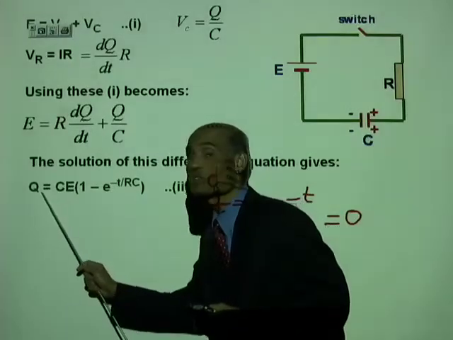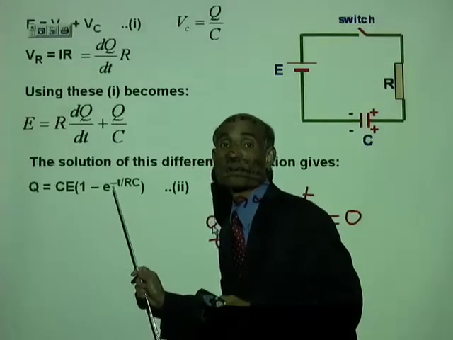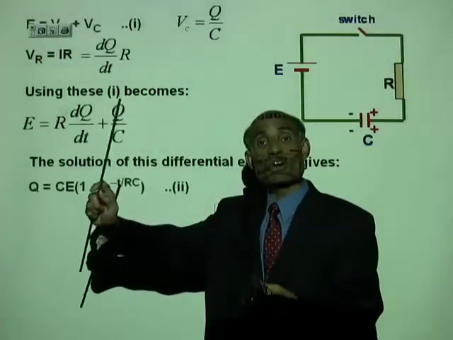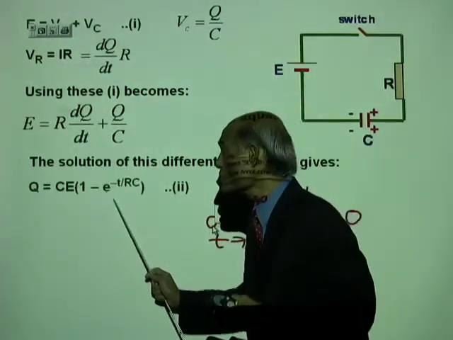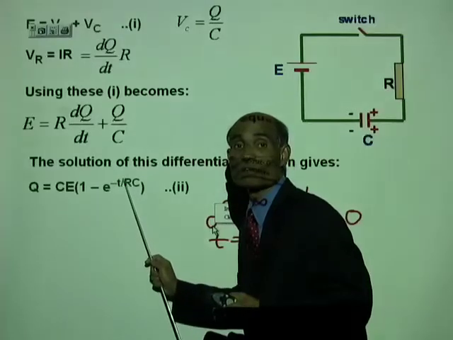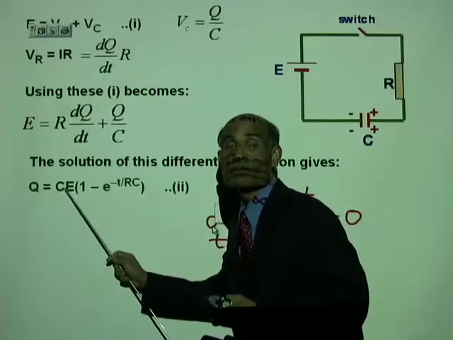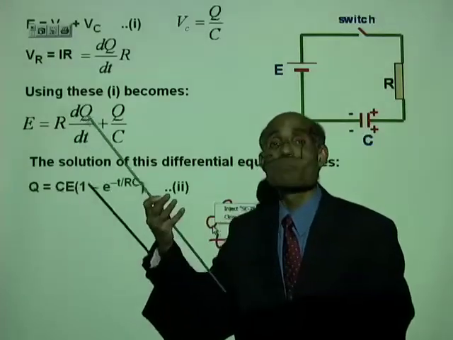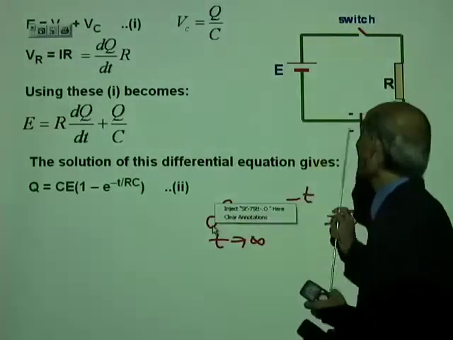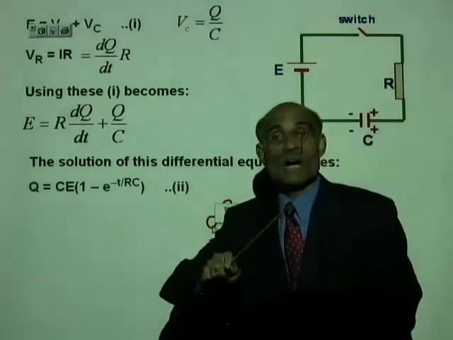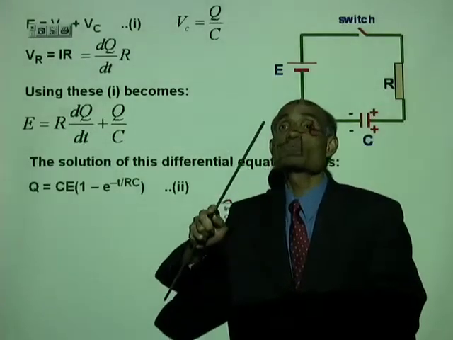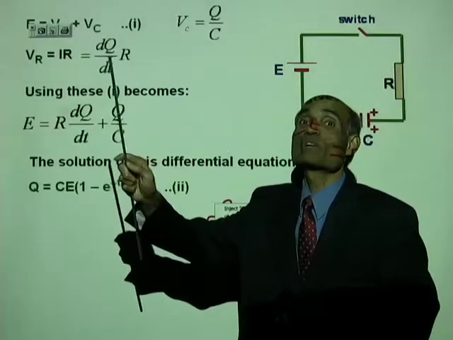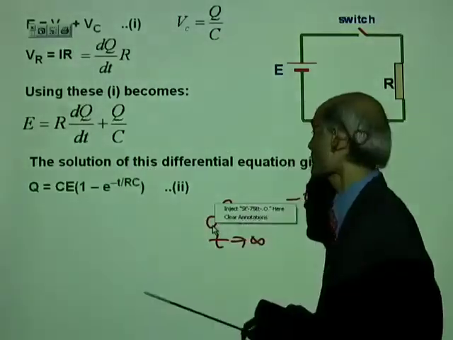When t equals infinity, after a very long time, this quantity will be 0, so q will be equal to CE, the maximum amount of charge on the capacitor. As time increases, the amount of charge will increase, and after a long time it will reach the maximum value.